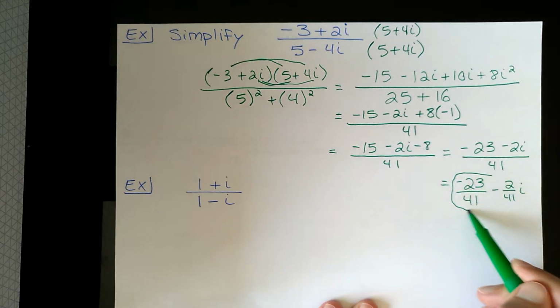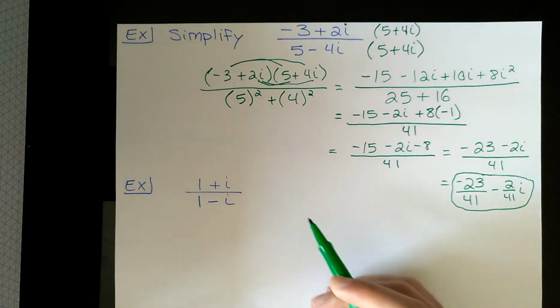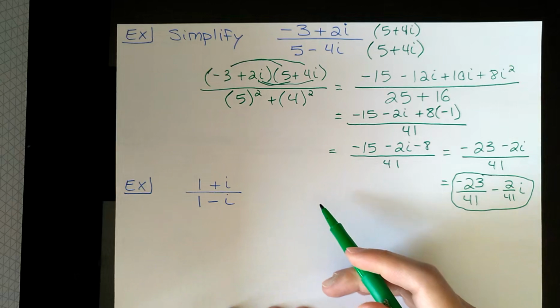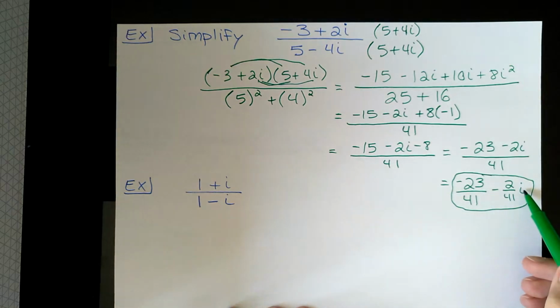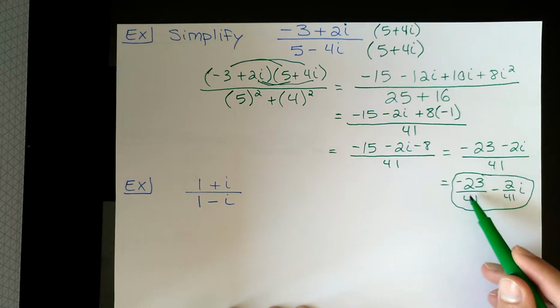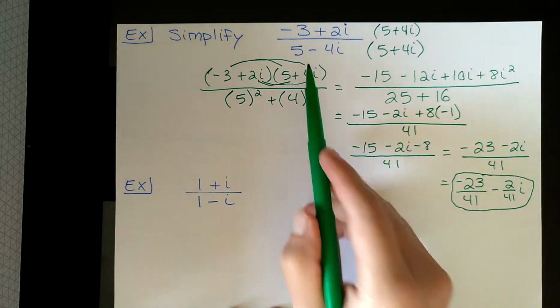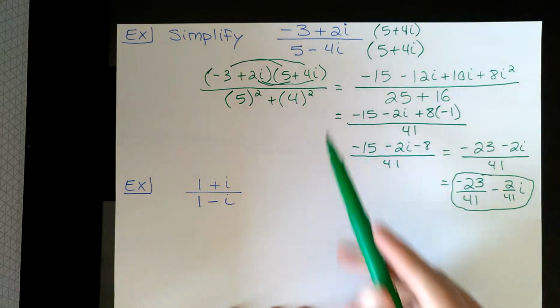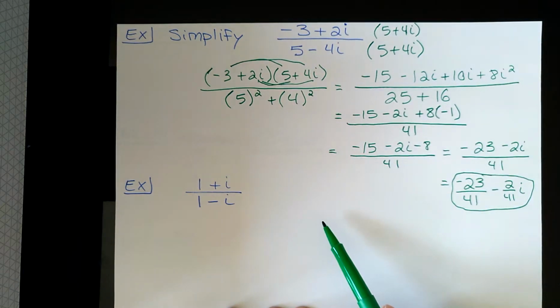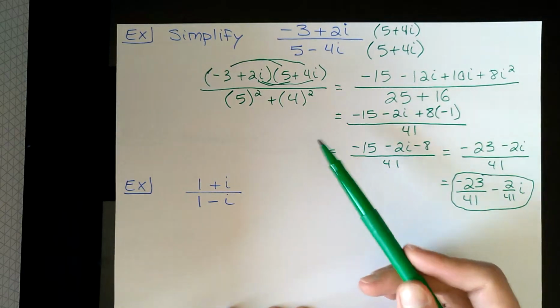We always want to write it in the form a plus bi or a minus bi. The i should not be part of this fraction. That's why we write it out of it separately. So negative 23 over 41 minus 2 over 41i is the simplified form of this original complex number that's being divided by another complex number.